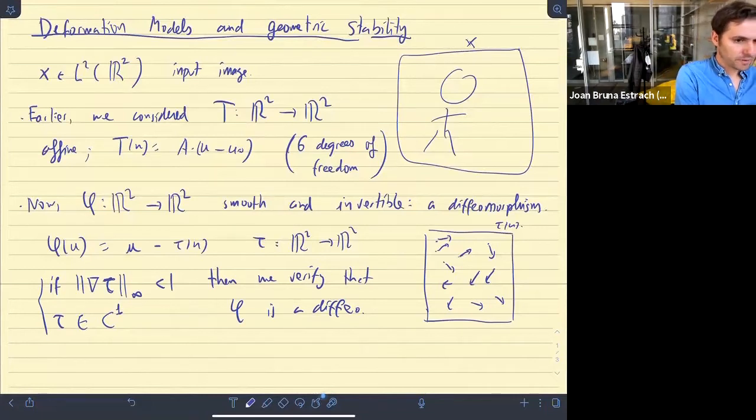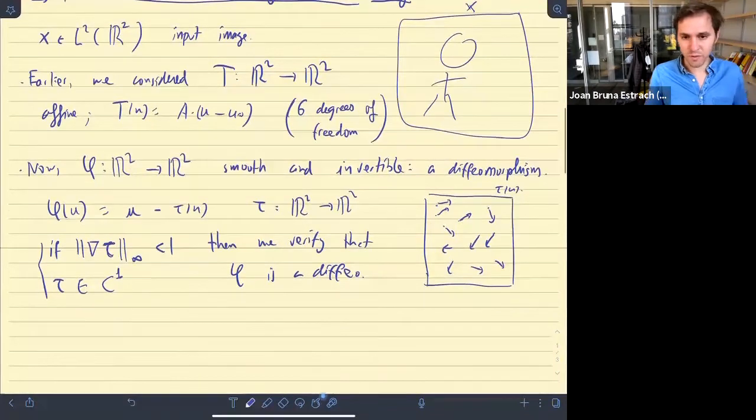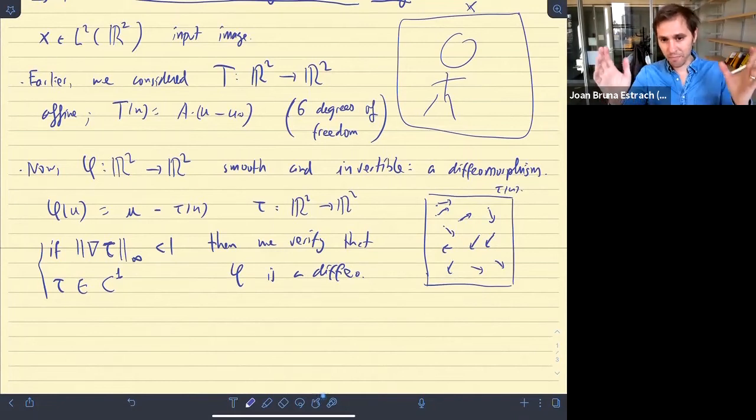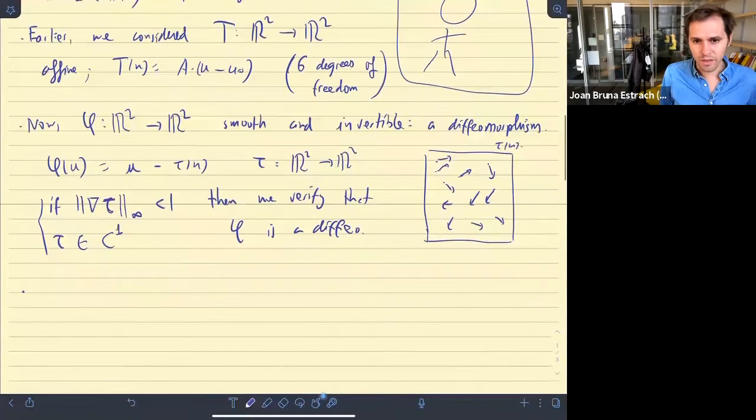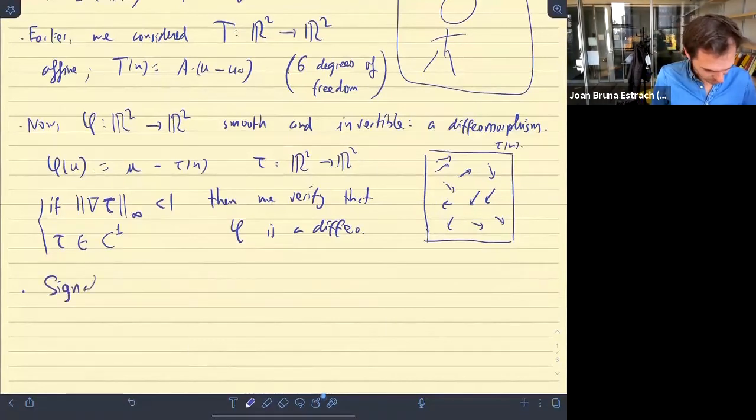And so now we can use exactly the same formalism that we had last time. Now that we have this family of transformations of our domain, how can we take these transformations of our domain and lift them into transformations of the signals that live on the domain? Now that we have this diffeomorphism, we can define a signal deformation as before.